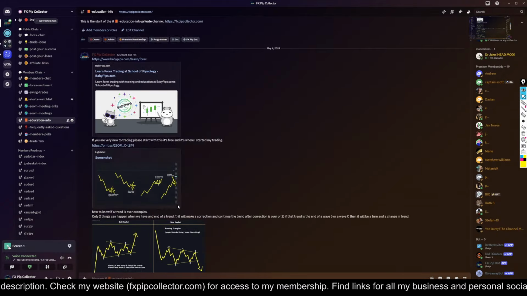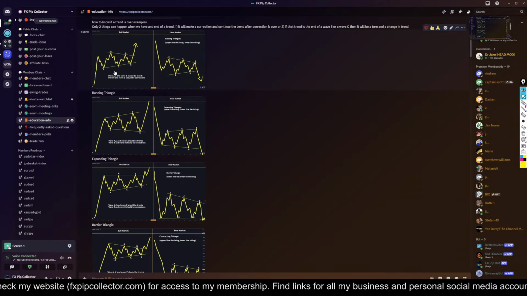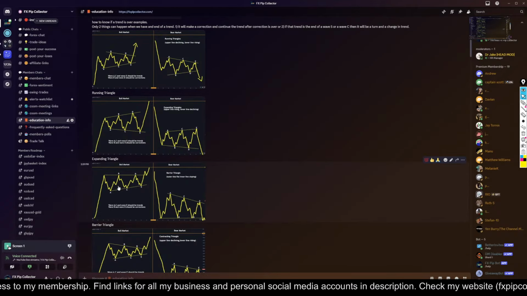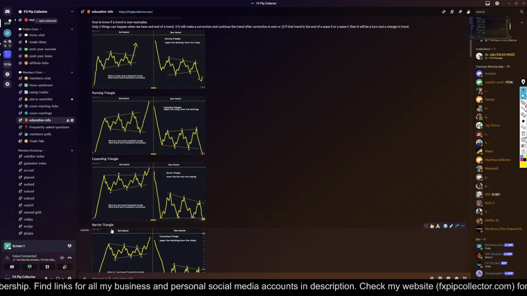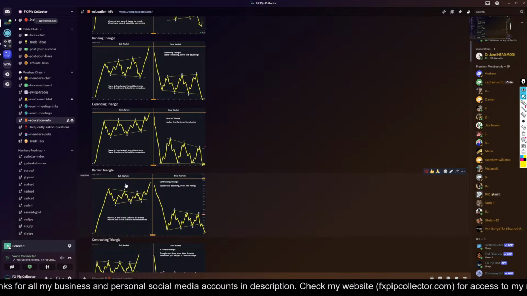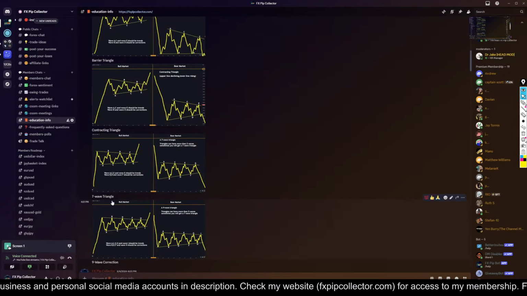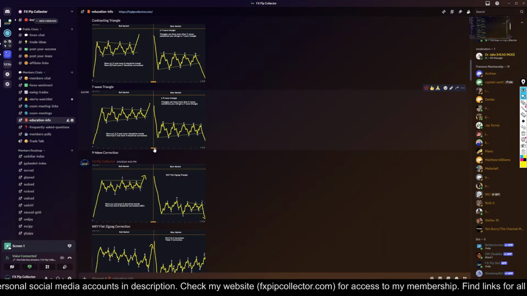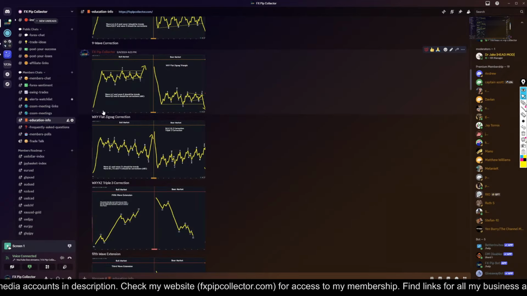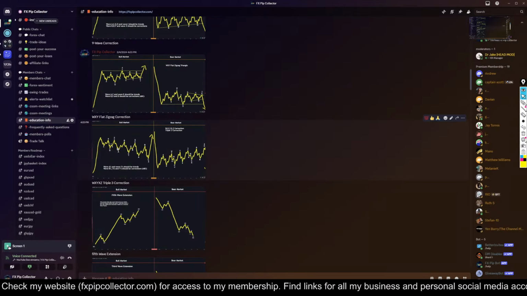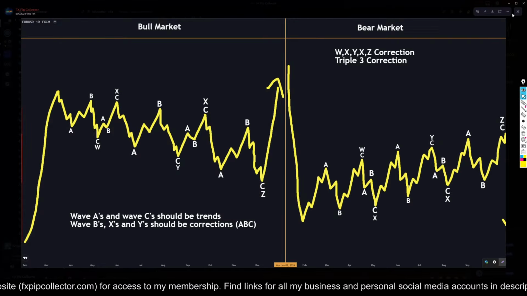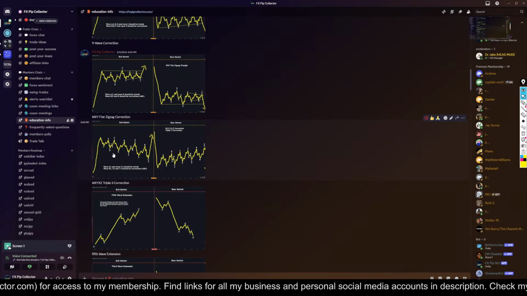These ones up at the top are the complex patterns, like the ABCDEs, contracting, running, expanding, running, barrier triangles. It could make any one of these: contracting triangles, 7 wave triangles, 9 wave triangles, WXY, flat, zigzag patterns. Some of this stuff is very complicated.